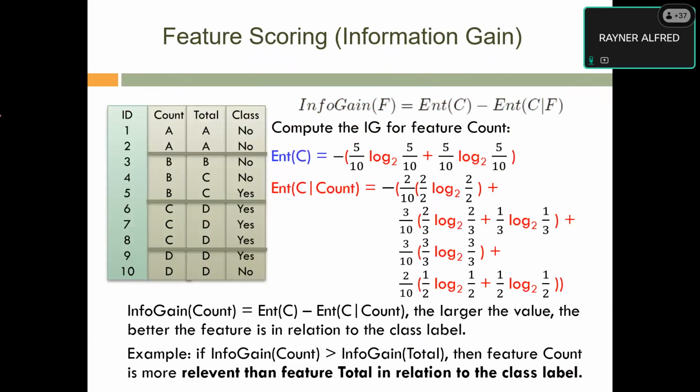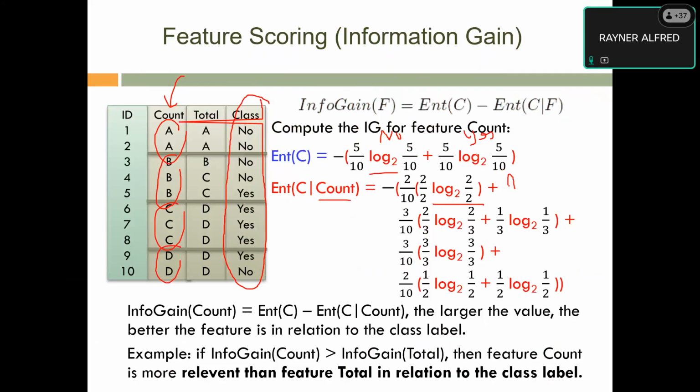Let's give you another example here. This is another data set. The initial entropy is 5. This is for the no. This is for the yes. If we split them using the count here, we are looking at A, B, C, and D. For A, we have 2, 2.